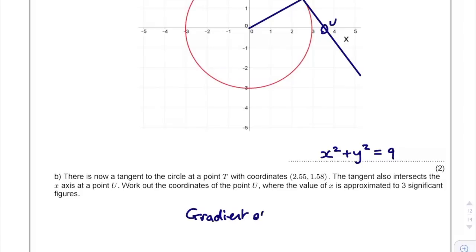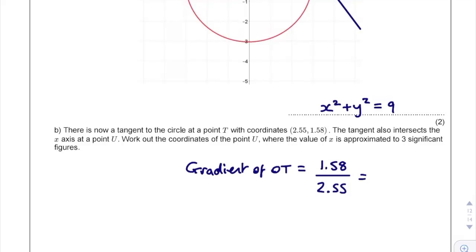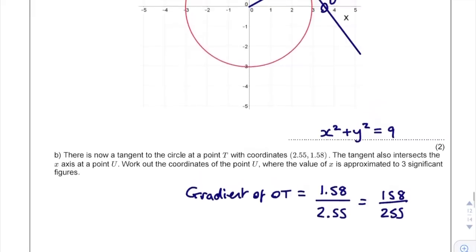So the gradient of OT equals the change in y divided by the change in x. The change in y is 1.58 and the change in x is 2.55. So it's 1.58 divided by 2.55, and that's just the equivalent of 158 over 255. Okay, so the gradient's not too difficult to work out.